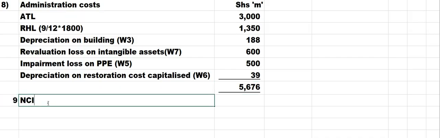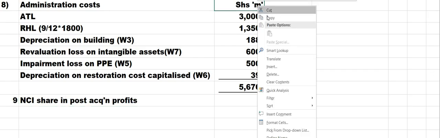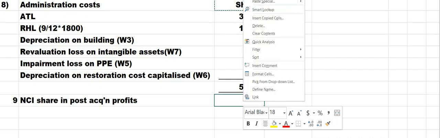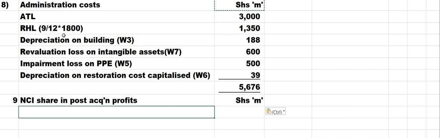So NCI share in post acquisition profits. NCI's share is only in the profits of the sub, don't forget. So how much are those profits?